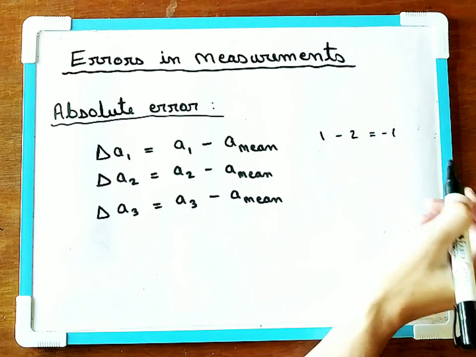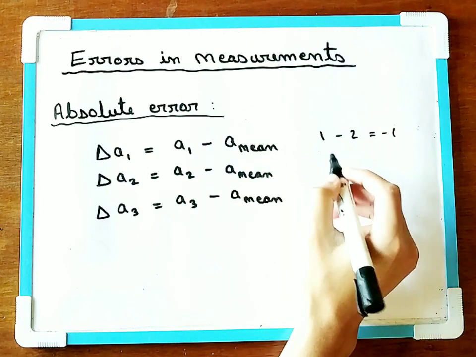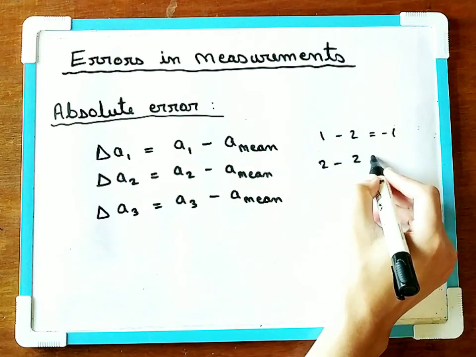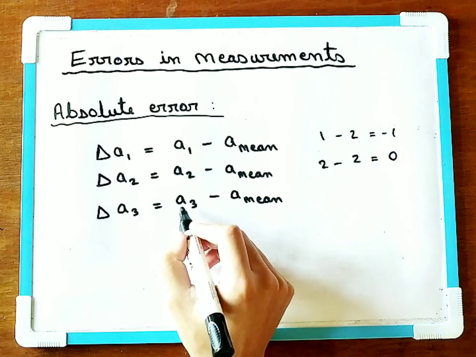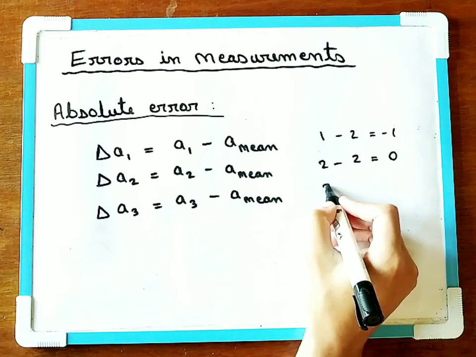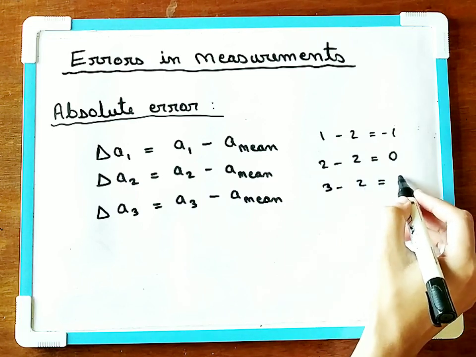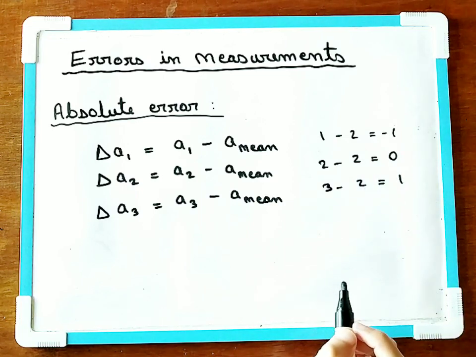So this is a negative value. Suppose you get 2 here, then the exact value is 2, you will get 0. Then for example, you get 3 and the exact value is 2, so what you get is 1. So it can be negative, it can also be 0, it can also be positive, but the absolute error is always positive.